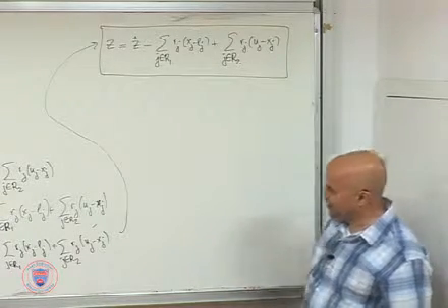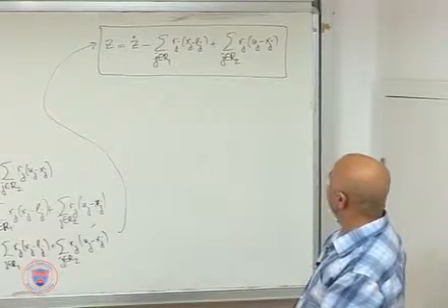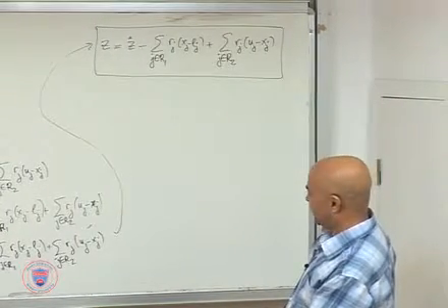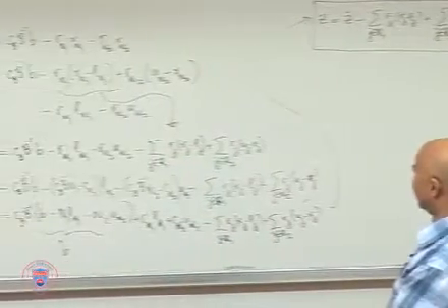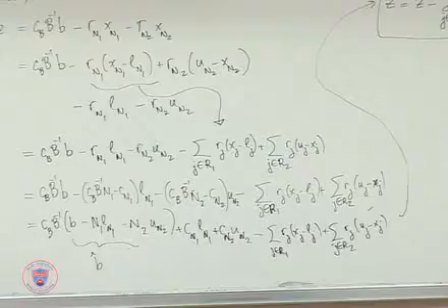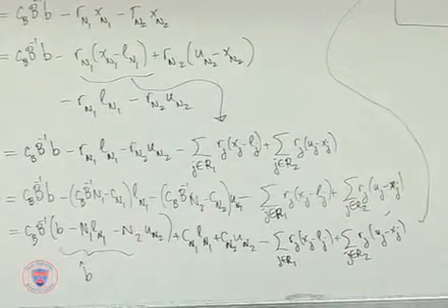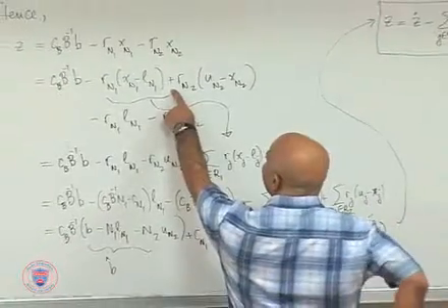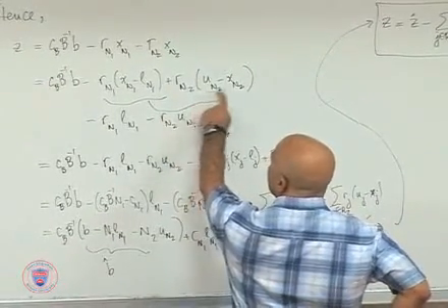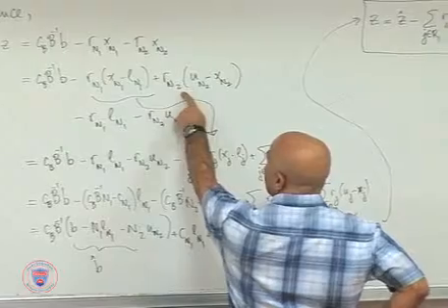There's something wrong here. What is it? I switched the sign somewhere. Did I not? Yes, we were using minus for both. Just a second. This is correct. This is plus.